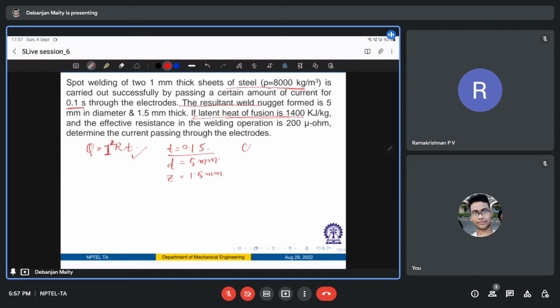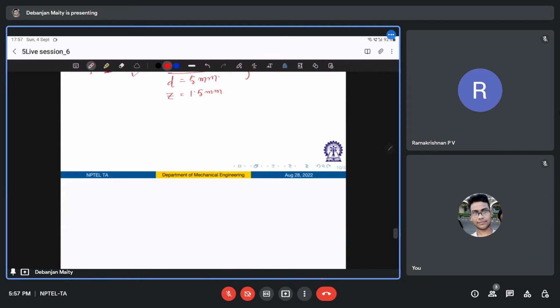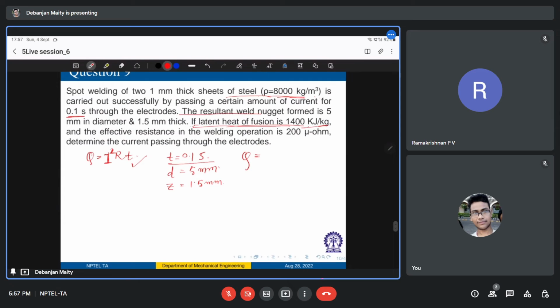So it's basically the total heat input per kg. It is given as 1400 kilojoule per kg.